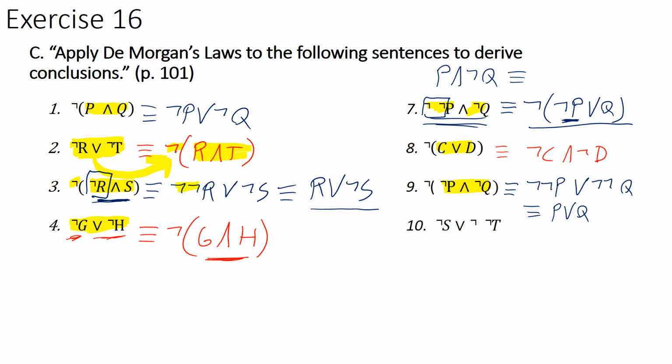For number 10, we have this disjunction, not S or not T. So we're going to be moving to a conjunction, and that conjunction is going to be collectively denied.